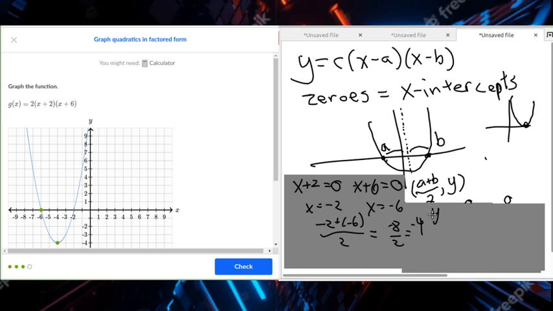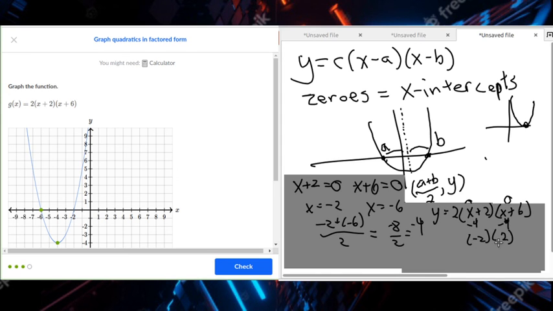But the y value, our y is 2 times (x plus 2) times (x plus 6), and we know that x is negative 4. Negative 4 plus 2 is negative 2, and negative 4 plus 6 is 2.